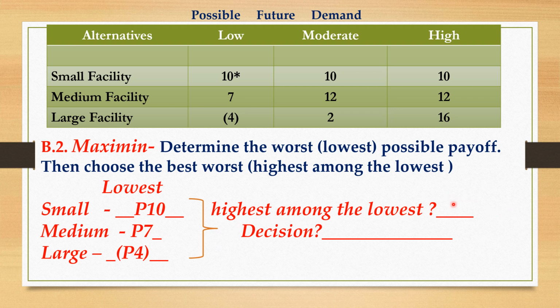Write it down here. And then, what is the alternative that corresponds to the highest among the lowest? Is it small, medium, or large facility? Write your decision here. Okay, do it now. Determine the highest among the lowest and write down the alternative here.